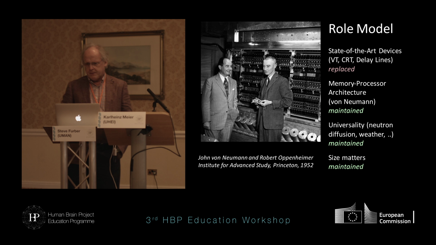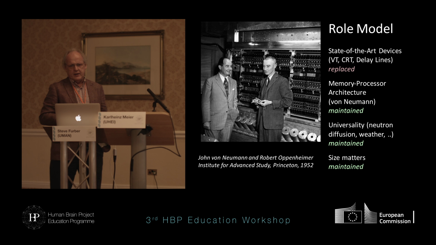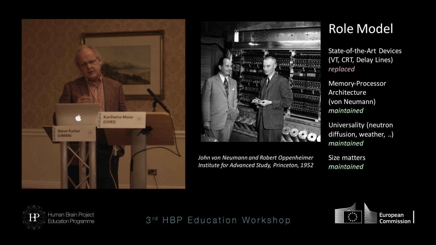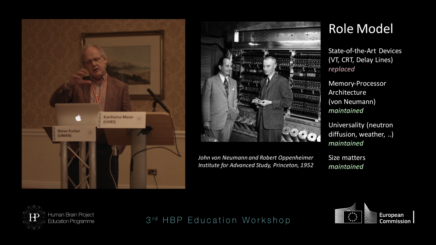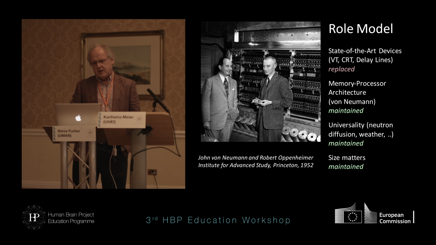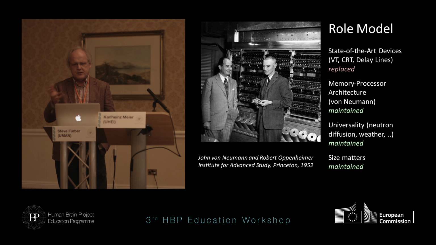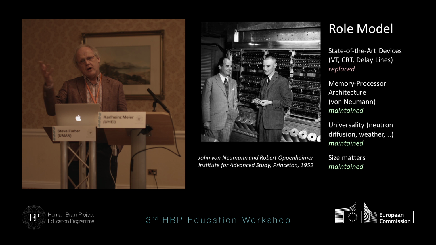The model we're trying to follow here is the idea of constructing concepts which will prove generally useful over time. The base technology may change. Just like with the original computer, early computers were built with vacuum tubes and delay lines and cathode ray tubes and so on. They've all gone.